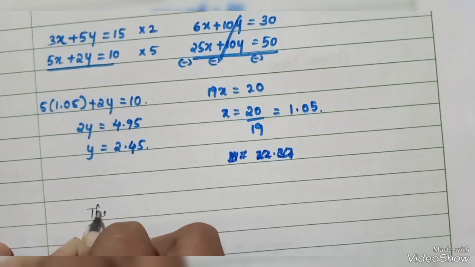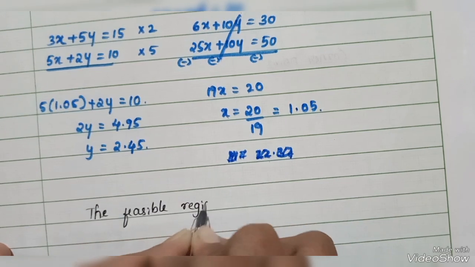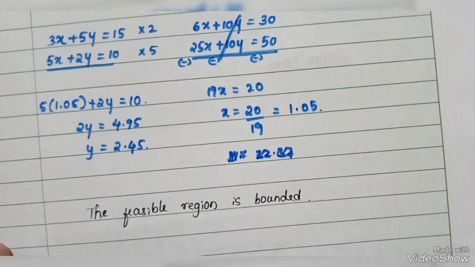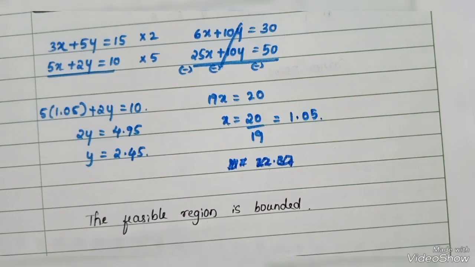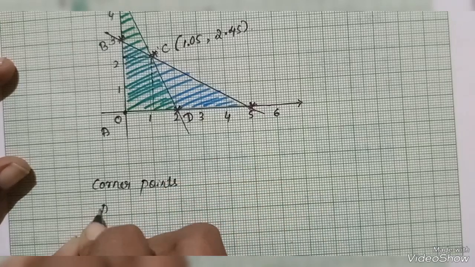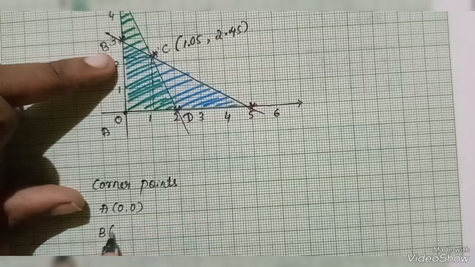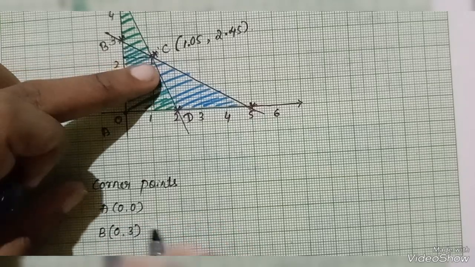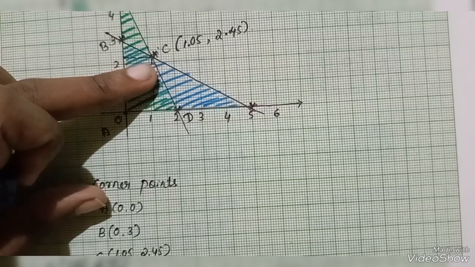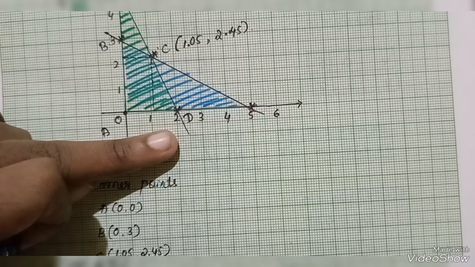The feasible region is bounded, and the corner points: A equals 0, 0, B is x-axis 0, y-axis 3. Then C is 1.05, 2.45, and D is here 2, 0.